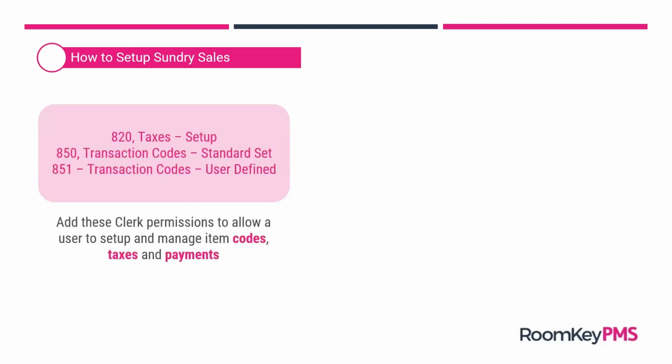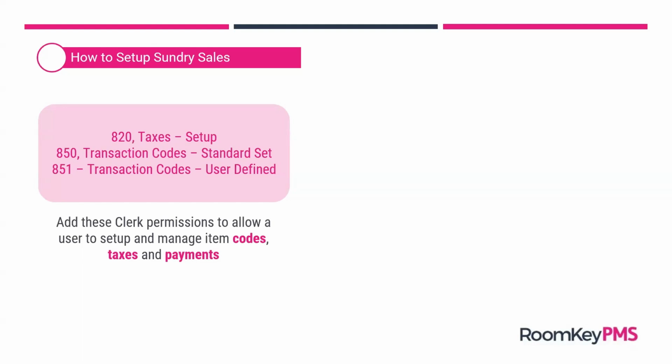Now the next permission sets, permission 820, 850, and 851. These are only required for users, usually in a management or admin level, that are going to be setting up the transaction codes that are used in the Sundry Sales module.